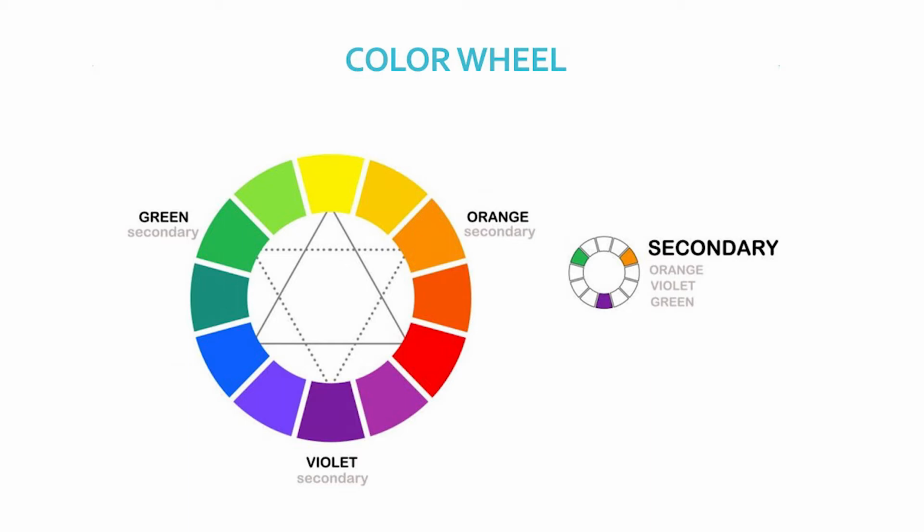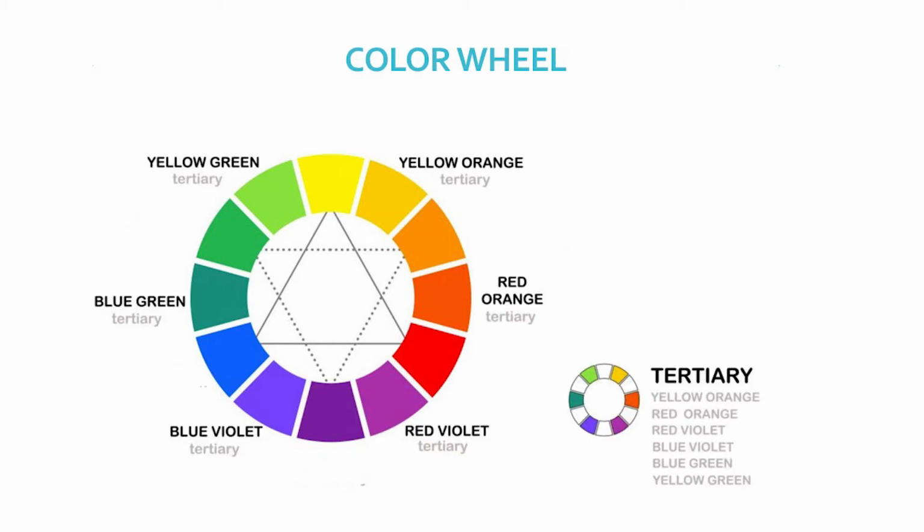So blue and yellow make green, yellow and red make orange, etc. Then you have the third group, which is tertiary, and that's what happens when you mix a secondary color with its adjacent primary. Don't worry about writing that exact definition down. Just make sure that you understand the principle. There are more groups after that, but we're not going to go that deep into it.